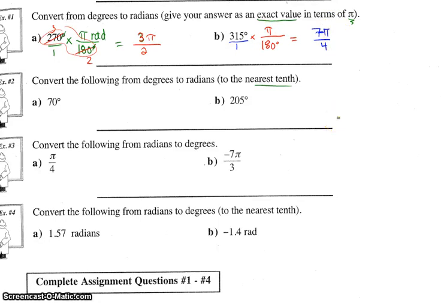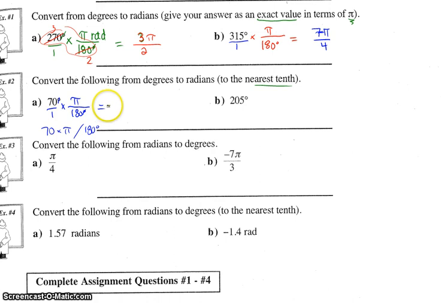Okay, next example, convert the following from degrees to radians to the nearest tenth. Okay, so nearest tenth doesn't have to be exact anymore. So when we write that we want to get rid of degrees, so 180 on the bottom, degrees cancel, pi on top, because we know pi radians equals 180 degrees, we would simply type that in the calculator as 70 times pi divided by 180, and then write down the answer to the nearest tenth.